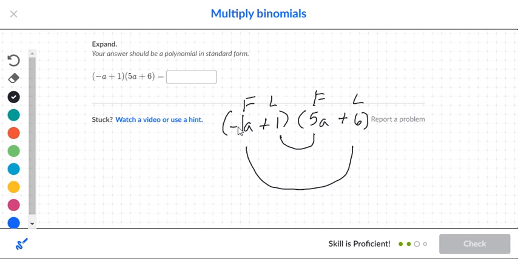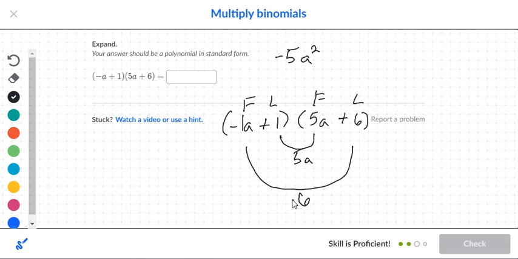So I want to do my numbers first, my coefficients. So I'm going to take negative 1 times 5. So 1 times 5 is 5, but there is a negative sign there, so it's a negative 5. I see 2 letter A's, so that's a to the second. So that's my first term. My inside smile, 1 times 5 is 5 with a single letter A. My outside smile is a negative 1 times 6.